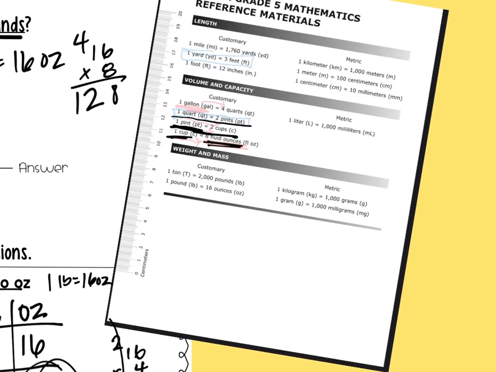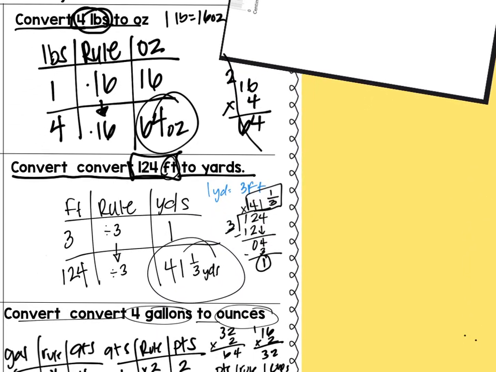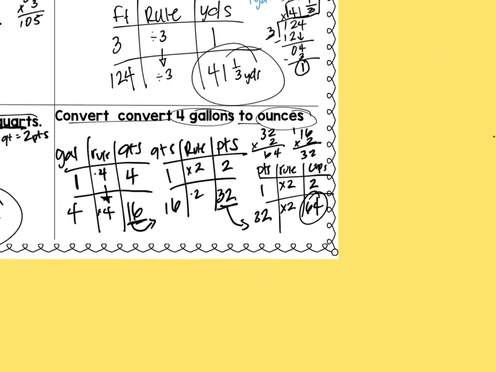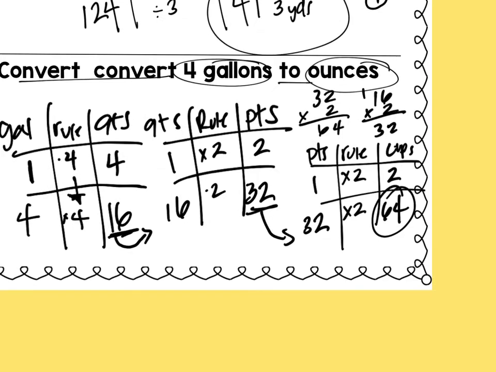So 1 cup equals 8 ounces. I'm going to go down here and make one last tic-tac-toe board. I know that I'm going from cups to ounces. And 1 cup equals 8 ounces. And I'm going to take my 64 cups and turn them into ounces.